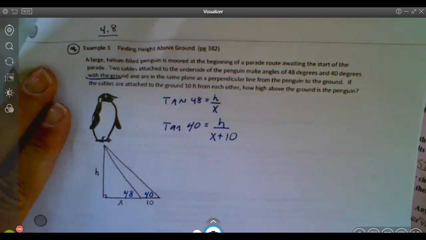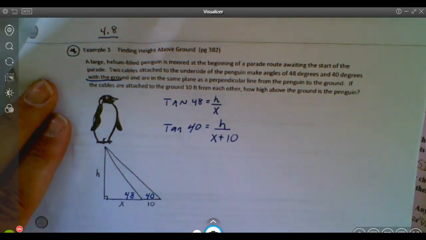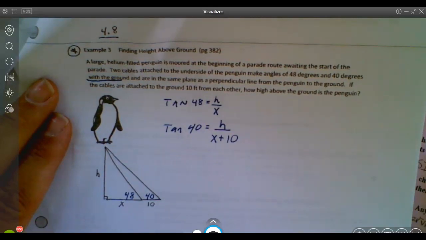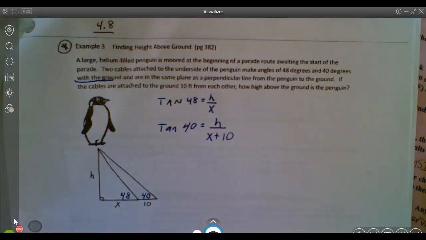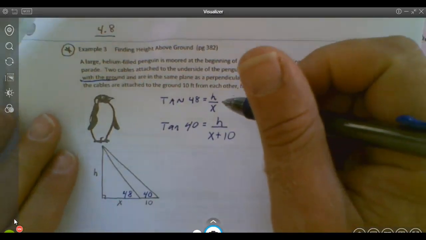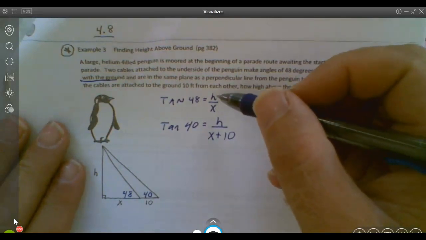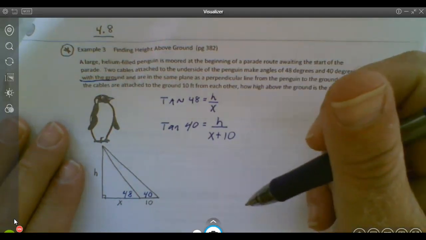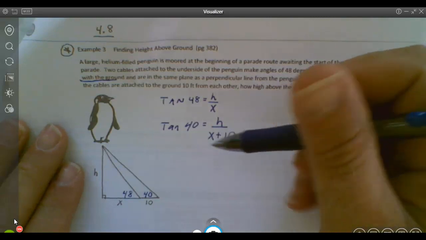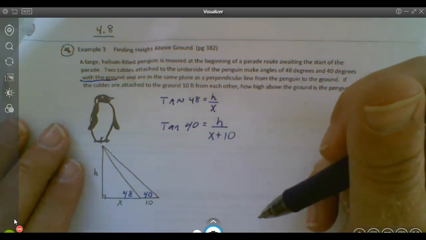So we have our two equations, and we're just going to use a little substitution here in order to figure out our height. Just with the way that these two equations are set up, it's going to make the most sense to isolate the h, sub it out, and then once we figure out x, we can plug that back in to figure out what our h value is.